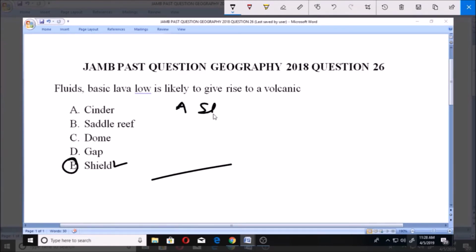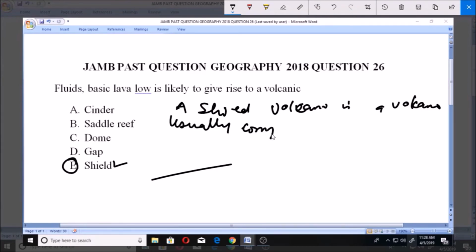It is the answer because a shield volcano is usually composed almost entirely of fluid lava flows.